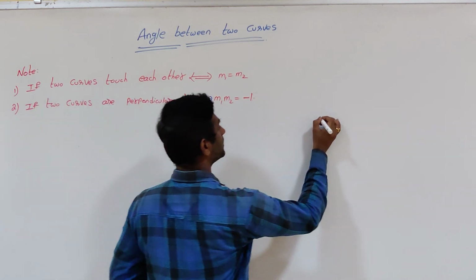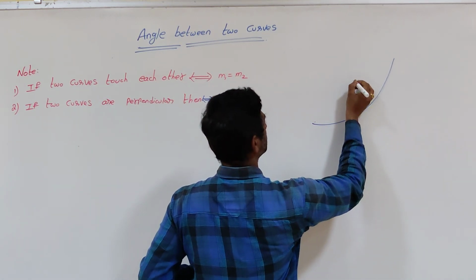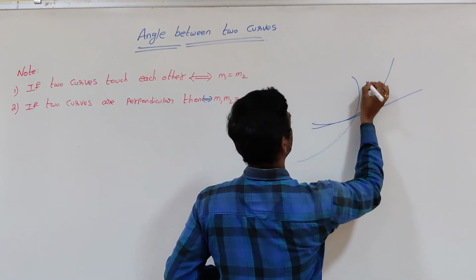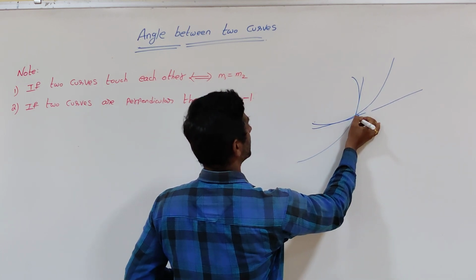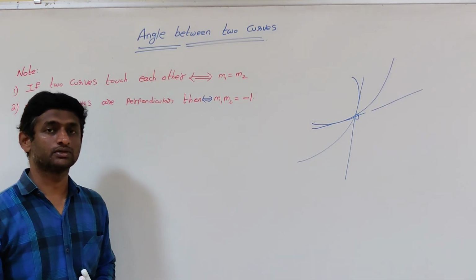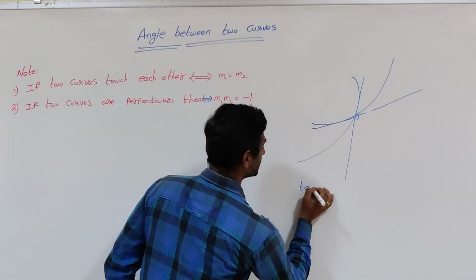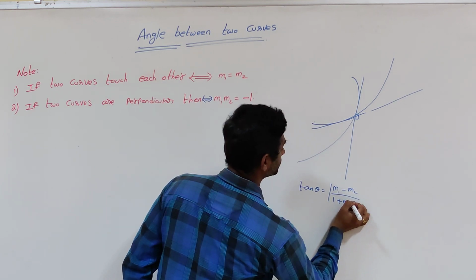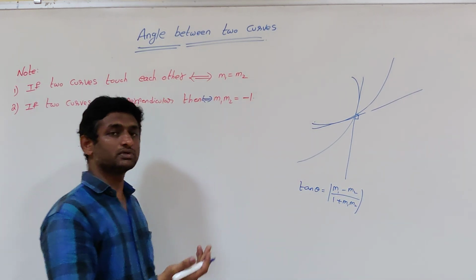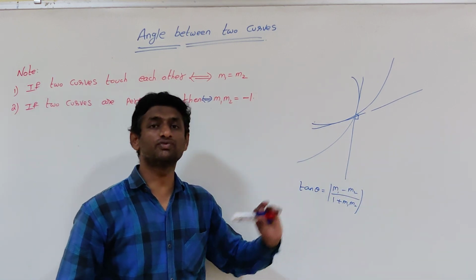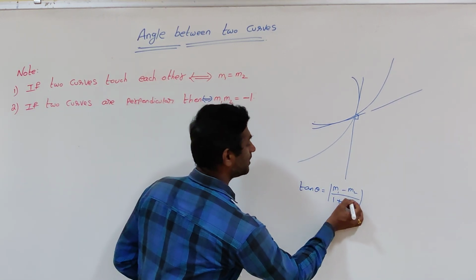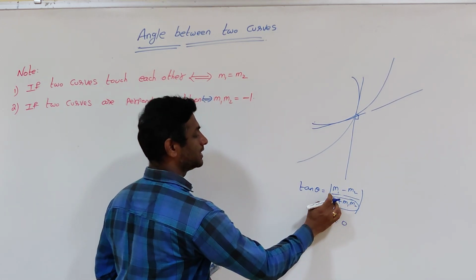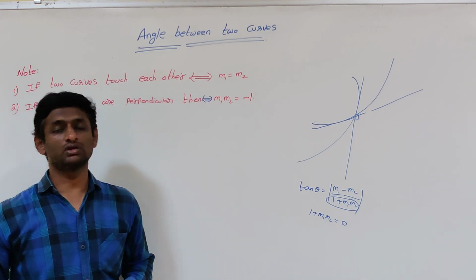Assume that this is one curve and this is another curve. We can find the tangents if they are perpendicular. Perpendicular means the angle between them is 90 degrees. Normally we have tan theta equal to modulus of (m1 minus m2) by (1 plus m1 m2). When is tan theta not defined, at 90 degrees? If 1 plus m1 m2 is equal to 0, the denominator is 0, and tan theta is not defined.